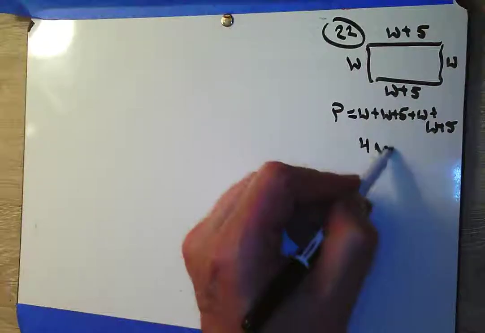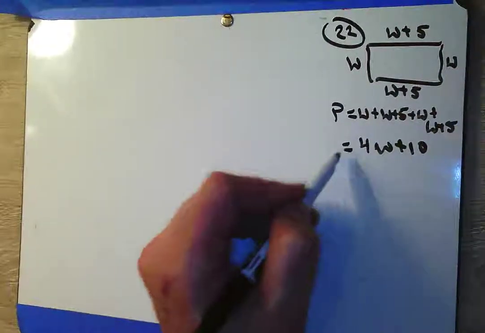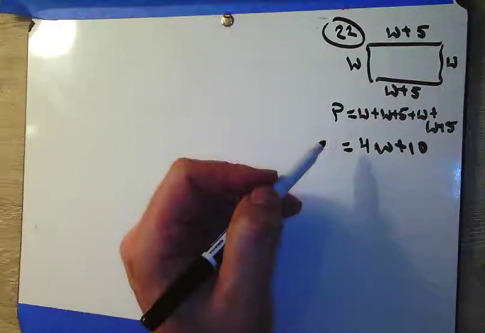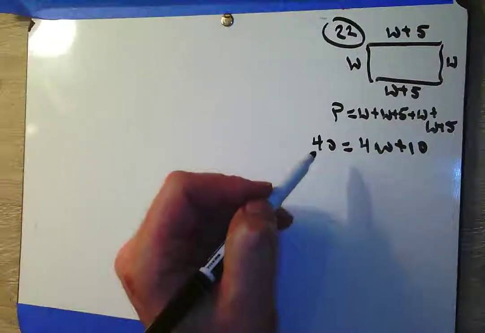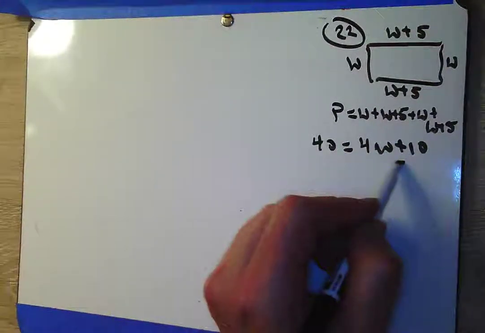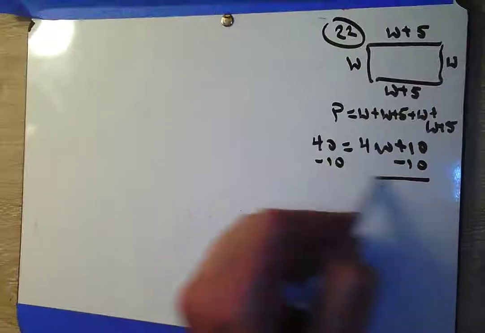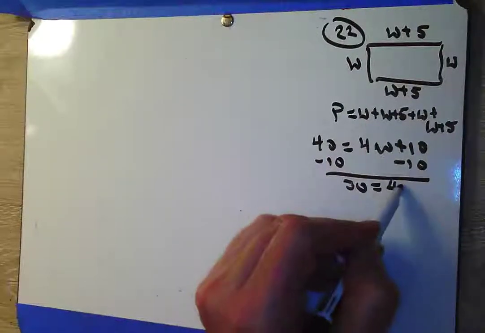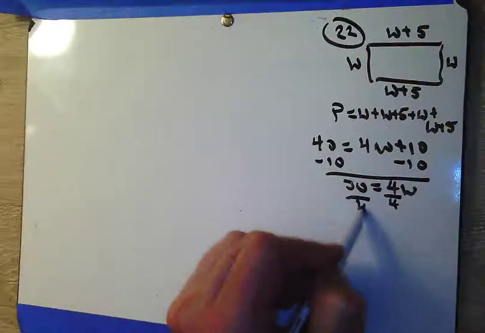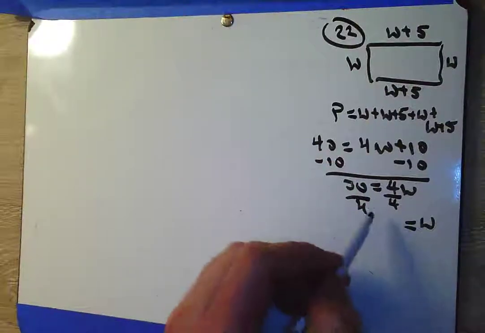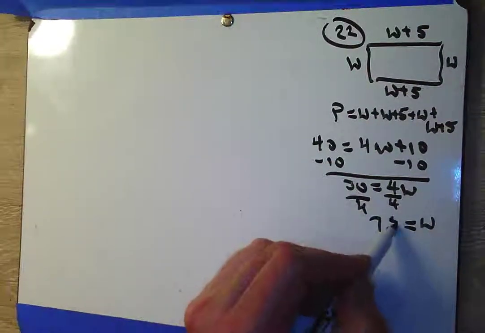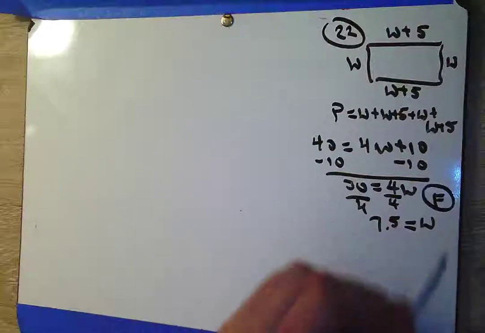So we have 4w plus 10, and that should equal the perimeter they told us in the problem, 40. So I subtract 10 from both sides. I get 30 equals 4w. I divide by 4, and I get w equals 7.5, which is choice F.